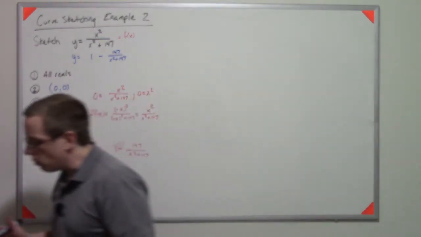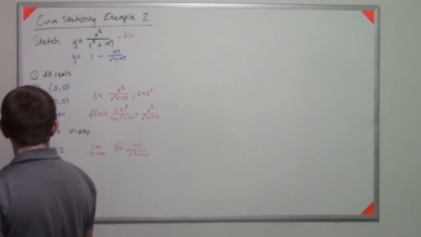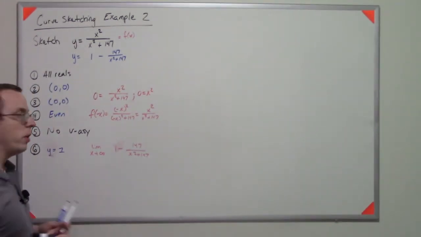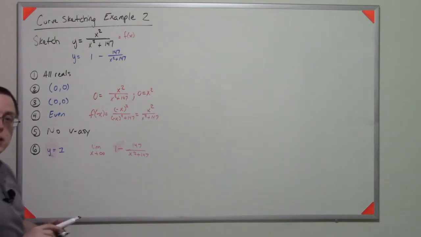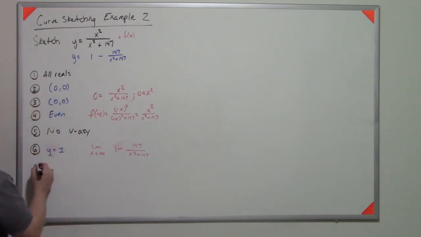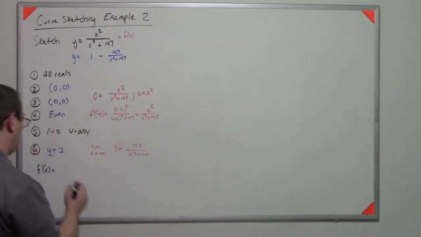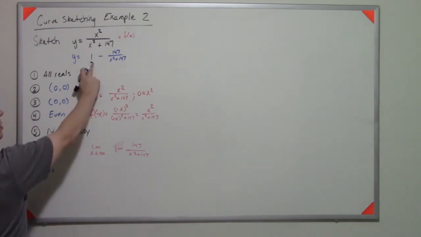Alright, let's continue on. The next thing we want to do is get derivatives. So I'm going to get some preliminary derivatives. f prime of x. If I do a quotient rule there, the 1 derives to 0.